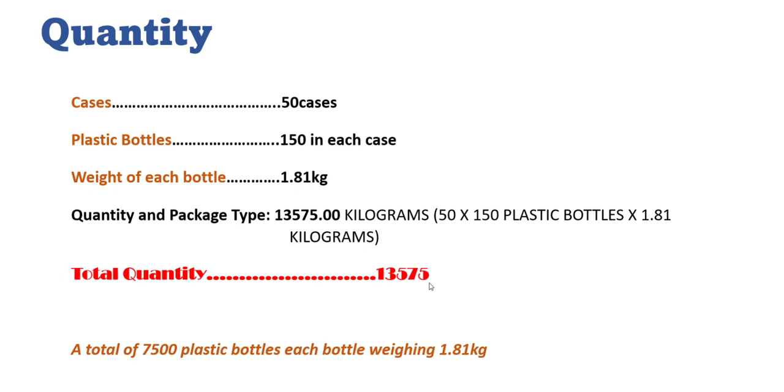Now please note, there are times when the commodity is not measured in weight. It could have been that this weight unit of measurement or statistical value is liter. It does not matter what this value is in terms of the statistical value.